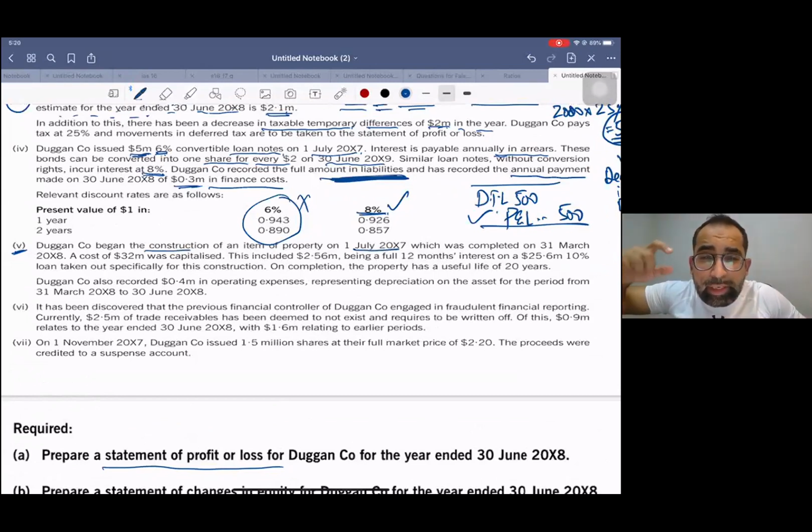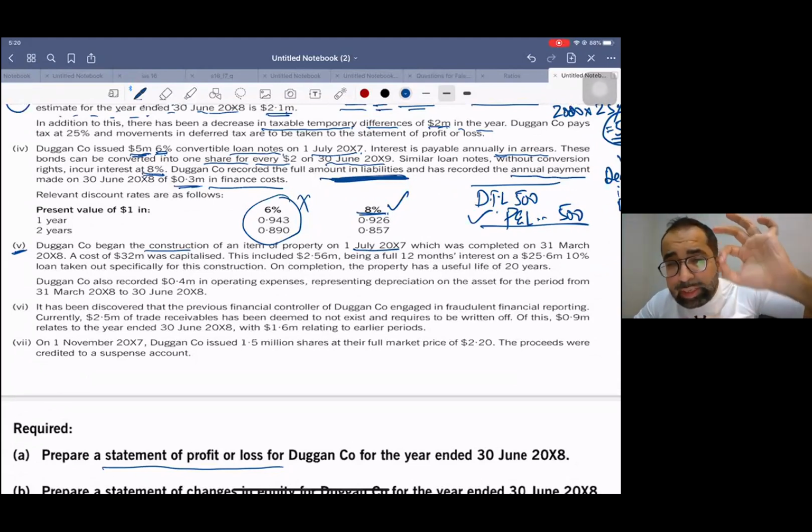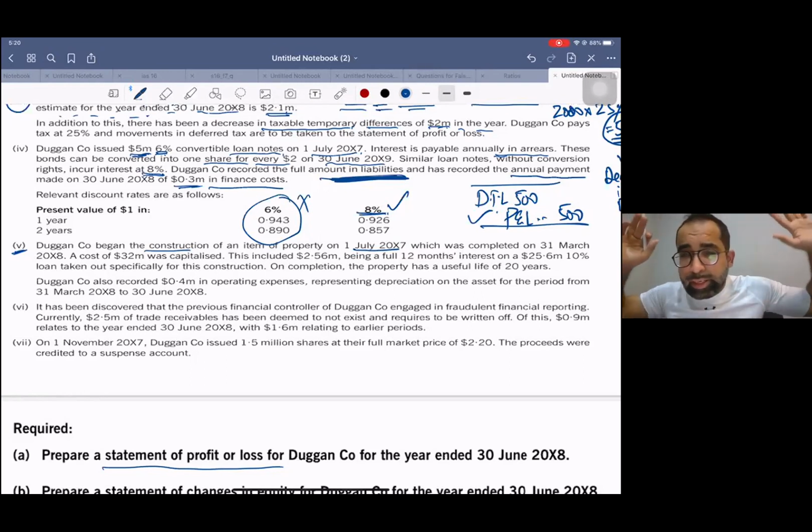Work should be started, and they have started the work, so the condition has been met. From 1st July you can capitalize the finance cost if this is a qualifying asset.